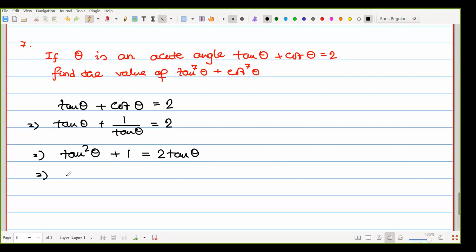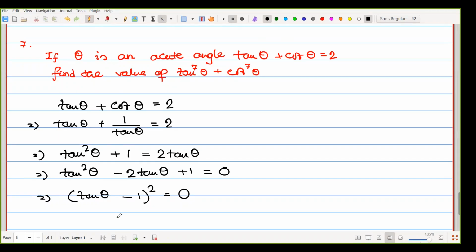Now that is becoming a quadratic equation: tan square theta minus 2 tan theta plus 1 is equal to 0. And we can write it as tan theta minus 1 whole square is equal to 0, using a square minus 2ab plus b square.